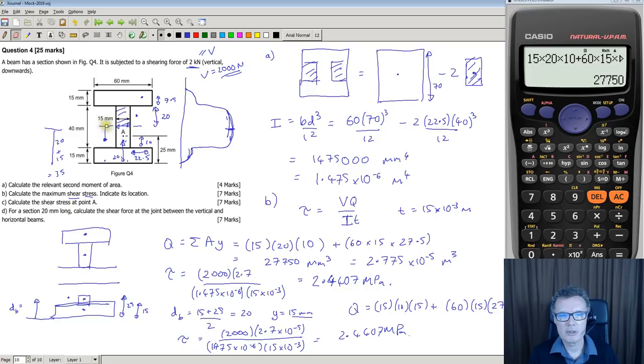Yeah, I was looking at this 15 and I should have been cutting the 20 in half. Right, 5 times 10 to the minus 5 there. So let's do that again.